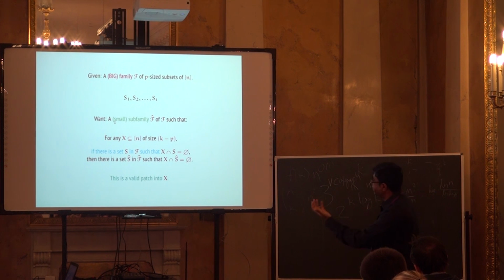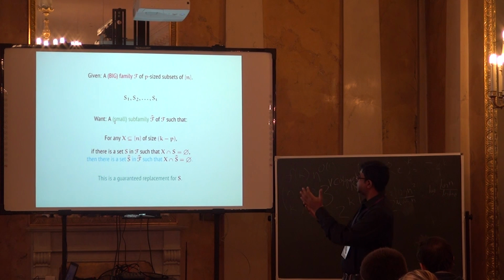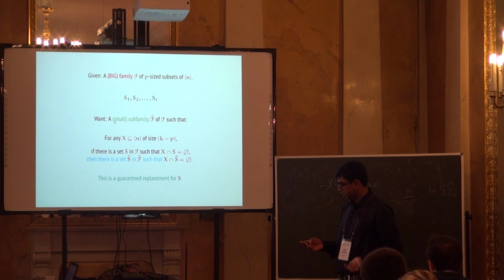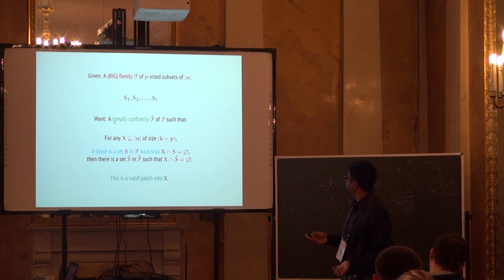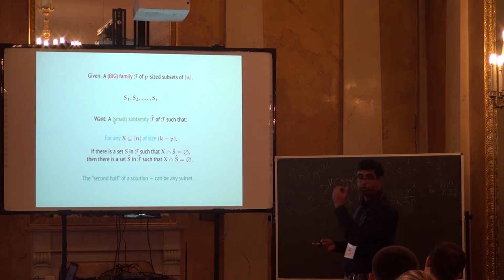If S is a valid patch, then this is a guaranteed replacement for S. So if you go back, this X of size k minus p is like the second half of your path, which could be anything.